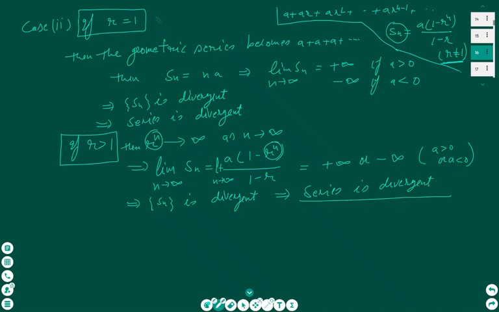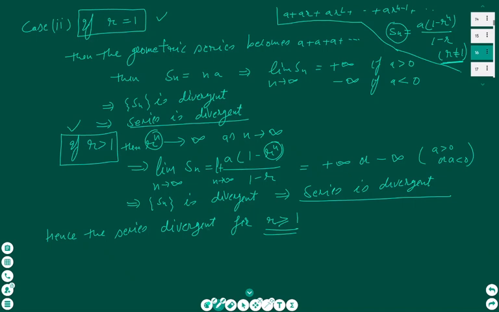So whether you have r equal to 1 or r greater than 1, in any case the series is divergent. Hence the geometric series is divergent for r greater than or equal to 1.